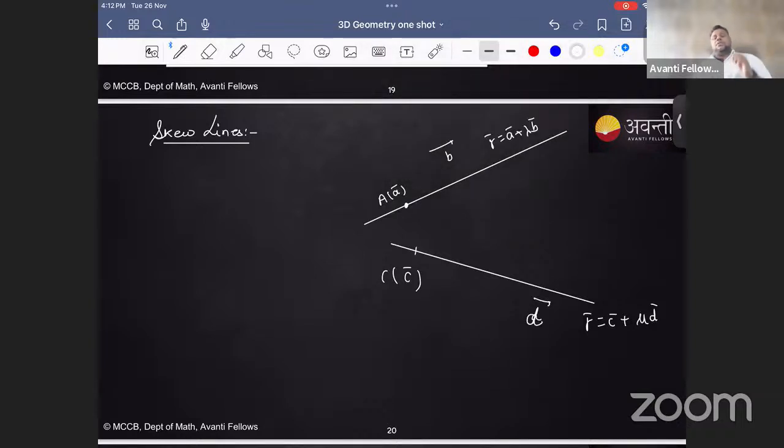First of all, the shortest distance will be along the perpendicular. Or I should say, the shortest distance will be along the vector which is perpendicular to both the lines. So first of all, we have to find a vector which is perpendicular to both the lines. Now, the first line is along vector b, the second line is along vector d. So their shortest distance will be along b cross d.